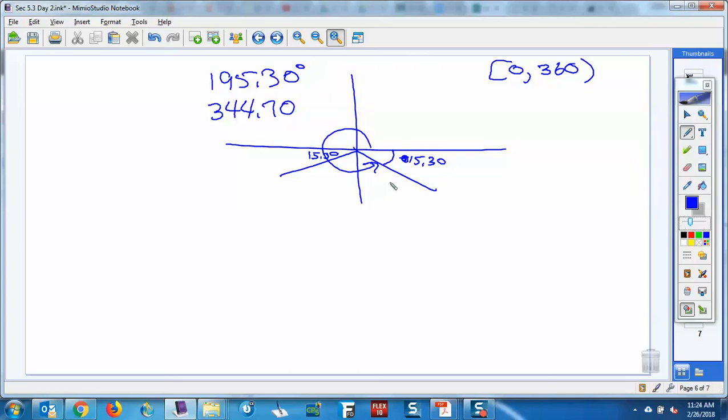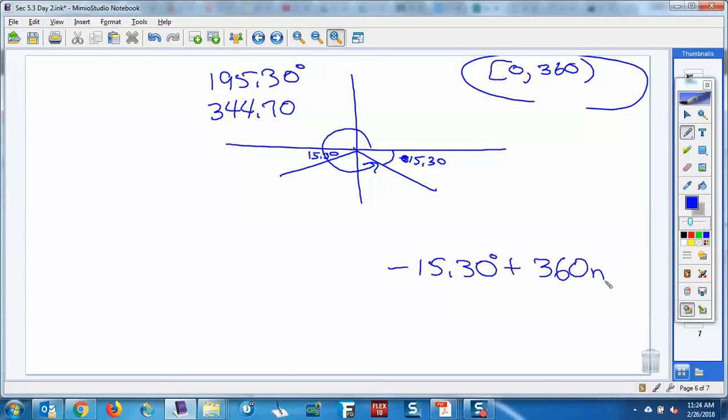So the calculator gave you the negative 15.30 when you did your inverse cosine or inverse sine, but you would need to draw them and you would need to give your answer between here and here. Now, if it said all solutions, it would not be wrong to do this. That actually would be okay because you're giving all of the answers.